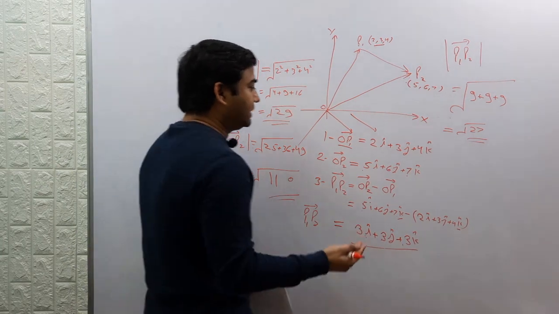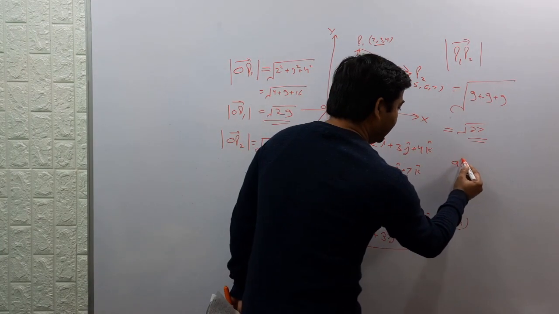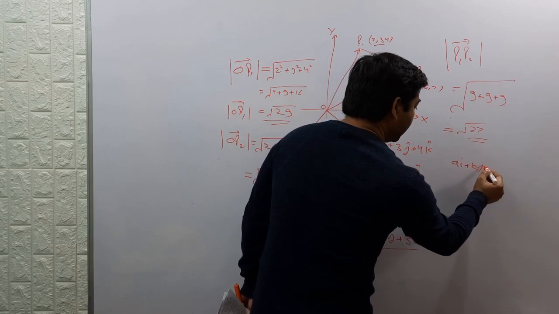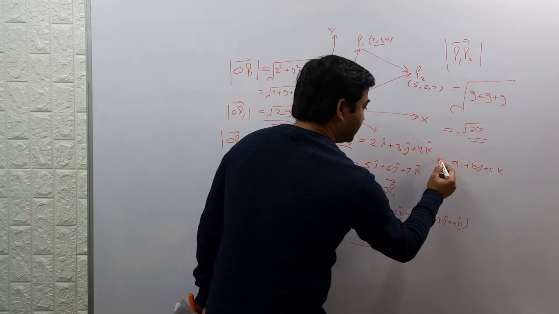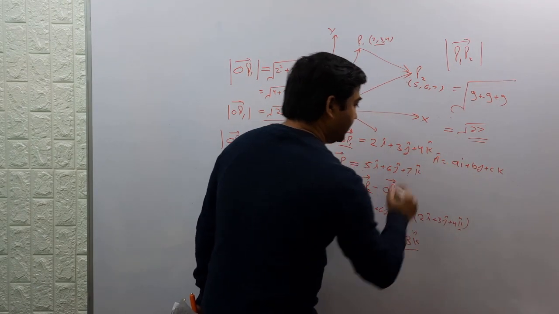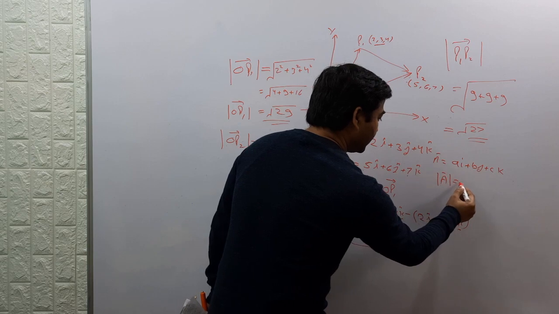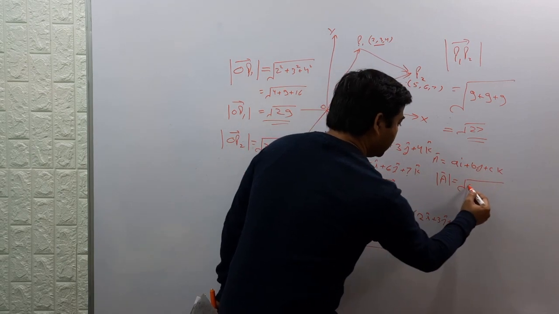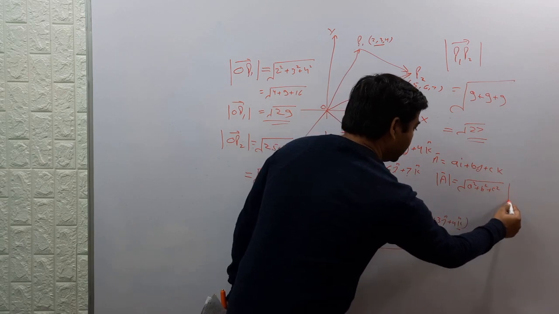So for any vector given in terms of ai plus bj plus ck, let this be vector A, the modulus of vector A is given as under root a square plus b square plus c square.